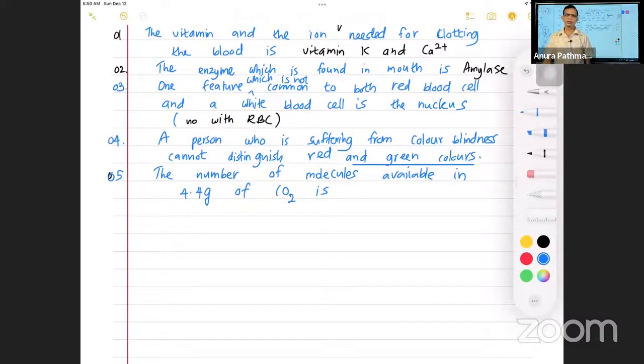Senara, Disanayaka, can you explain it? Gayani? Only Gayani needs it. The number of molecules available in 4.4 gram of carbon dioxide is.